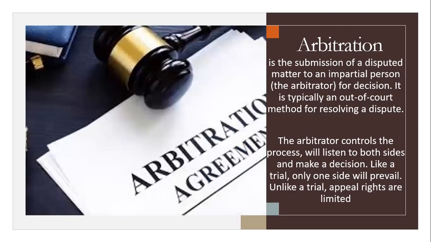The next conflict resolution process we are going to look at is arbitration. Arbitration is where parties in conflict decide, okay, we want to submit our problem to a third party, an impartial third party, and this impartial third party is almost like a lawyer. You understand?